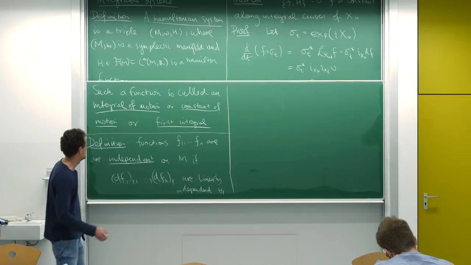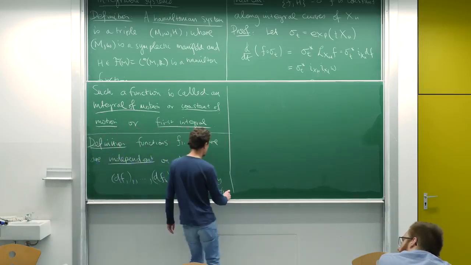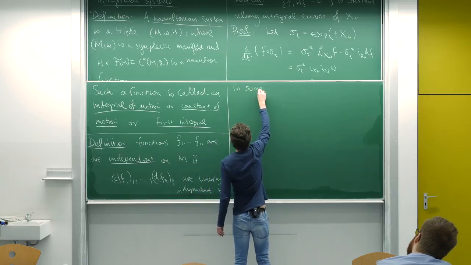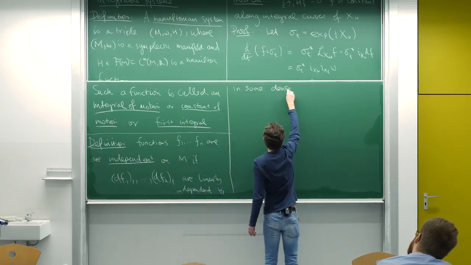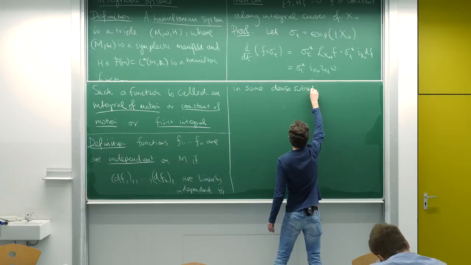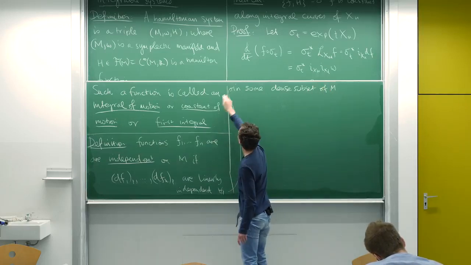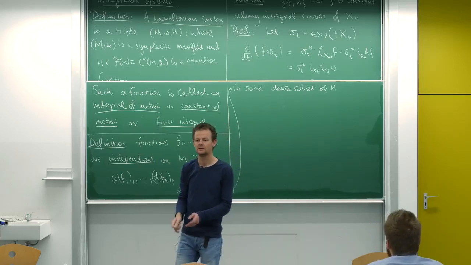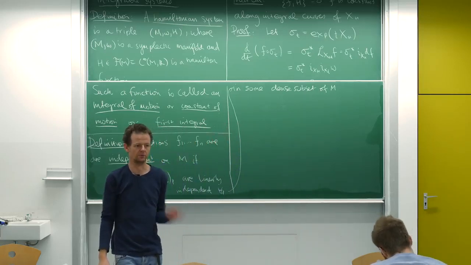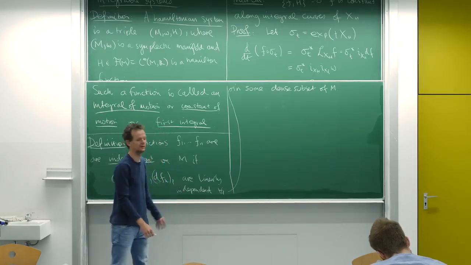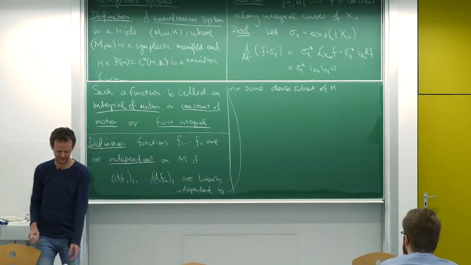Or rather, independent for all P in some dense subset. They might not be independent for all points in M, but as long as they're independent in some dense subset of M, then that's good enough to call these functions linearly independent.